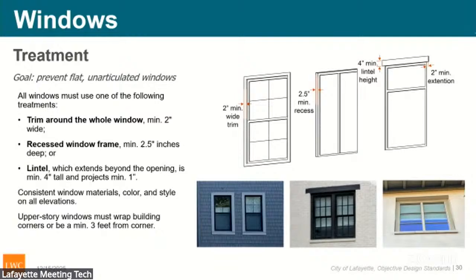And then we zoomed in closer to windows and thought about construction and how to ensure that windows look high quality and they look consistent with the buildings that you like in Lafayette. So what are we requiring in terms of recess or trim, how to make them look good, essentially.